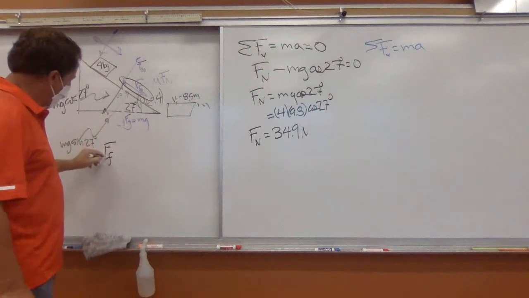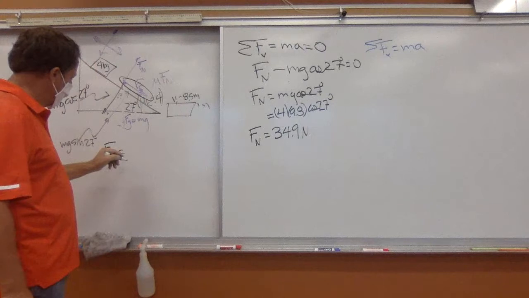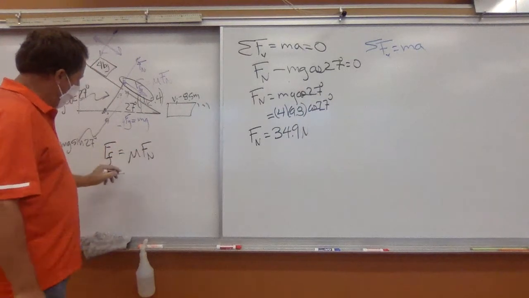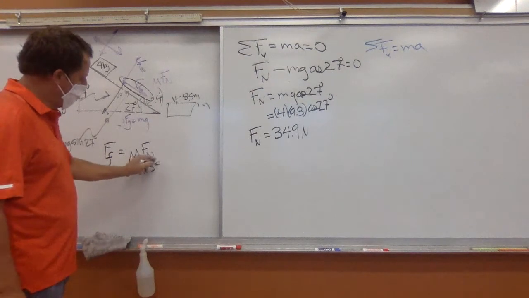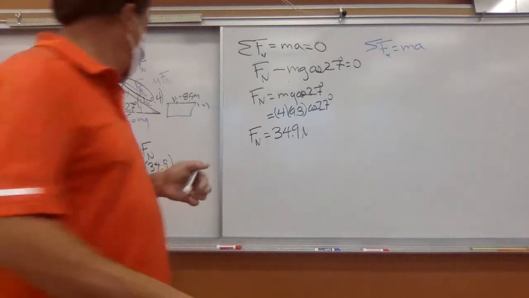My force of friction is equal to mu times the force normal, and this is going to be 0.4 times 34.9.